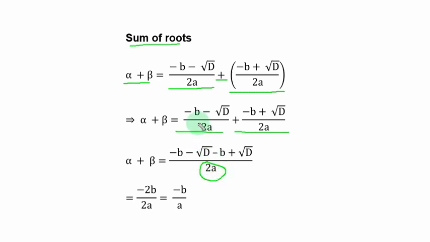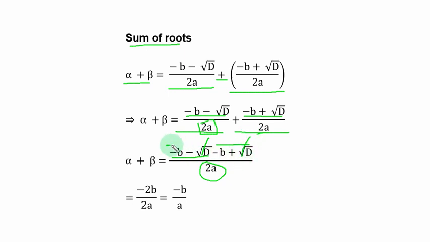You divide 2a by this 2a, you have 1. So 1 times this numerator is what you have here. Then you divide 2a by 2a, you also have 1. Then 1 times everything here is going to be minus b plus root d, and that is what you have here. Clearly, minus root d plus root d is 0.